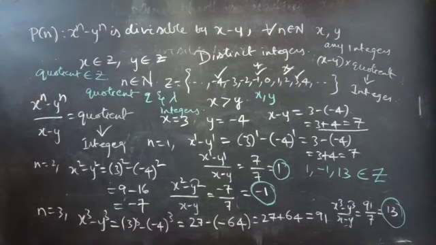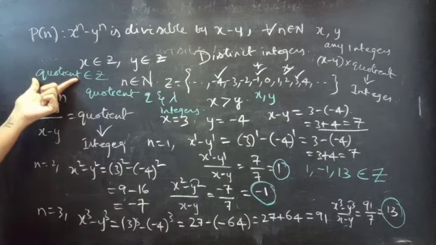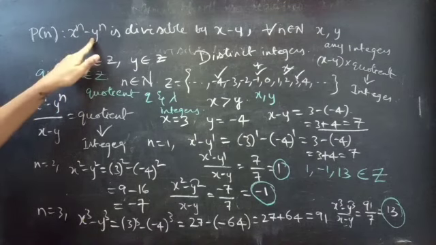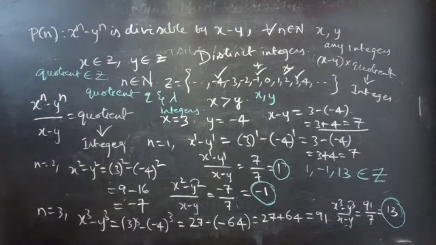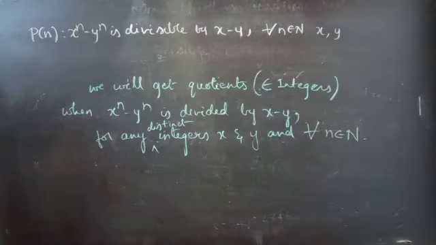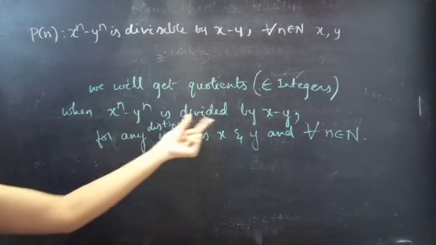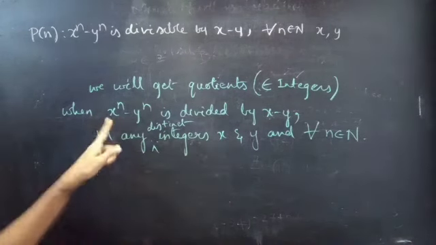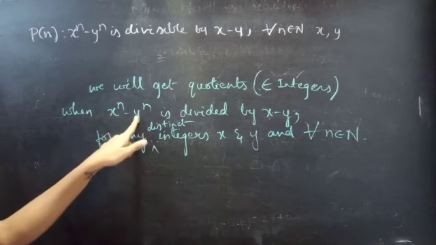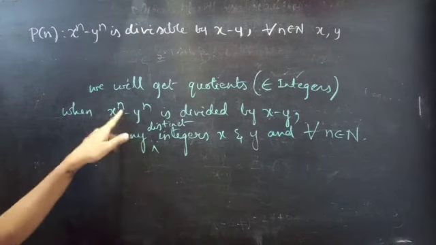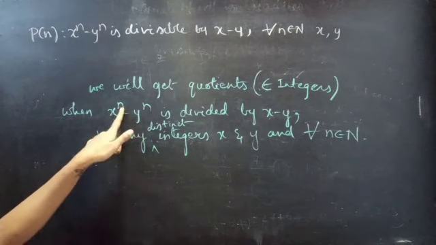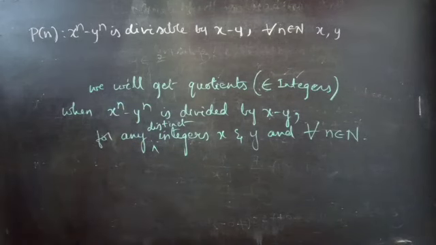So we get integer quotients whenever x^n minus y^n is divided by x minus y for all distinct integers x and y, and n belongs to natural numbers.